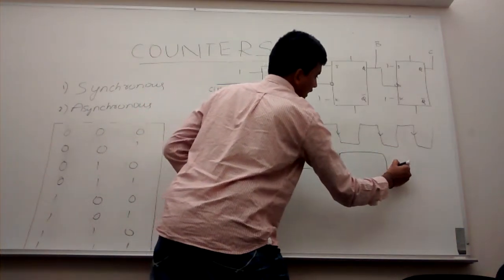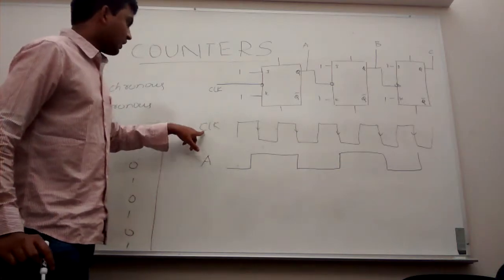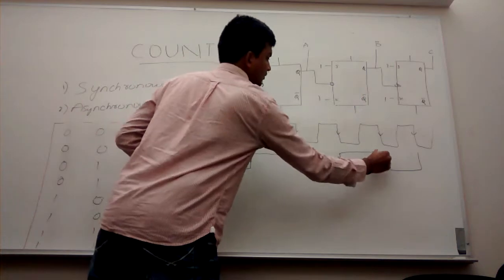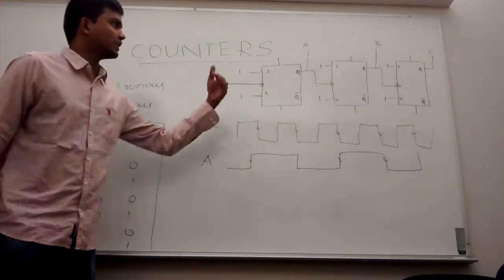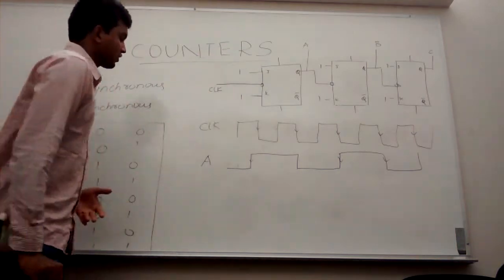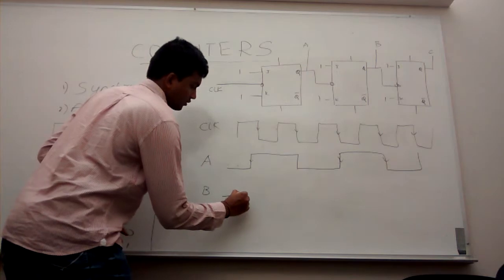So basically we can observe that the frequency of A is half the frequency of the clock. So this serves as the clock for the next flip-flop. That means the frequency of B will be half the frequency of A. So here the output will be 0.